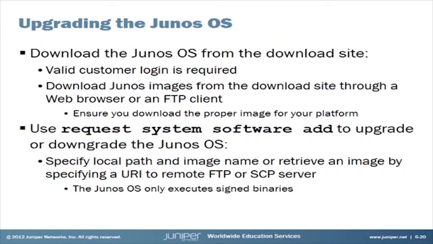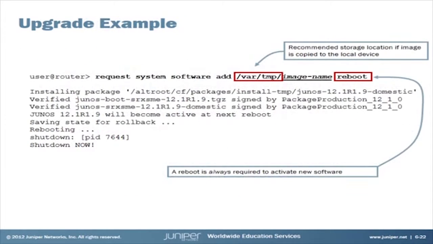We want to identify first the particular version of the operating system that we currently have, and then identify a version that we would want to upgrade to. So here's an example of that. Request system software add. We tell it where to find the package that we're going to be installing, and then we get this output, which goes ahead and installs that.